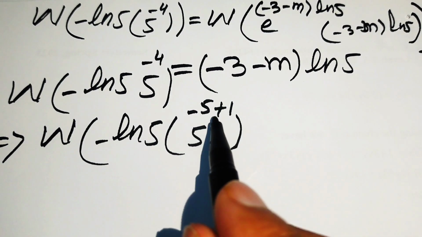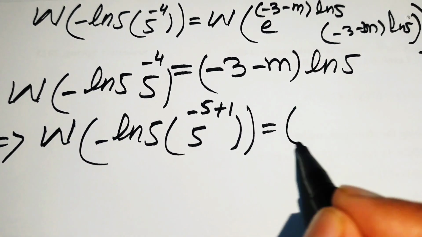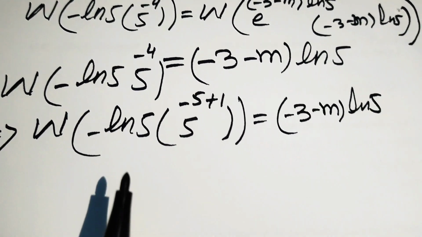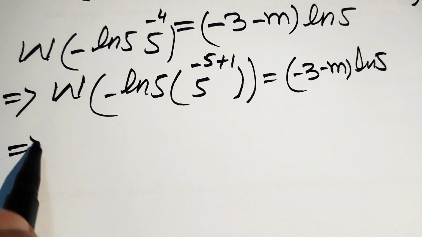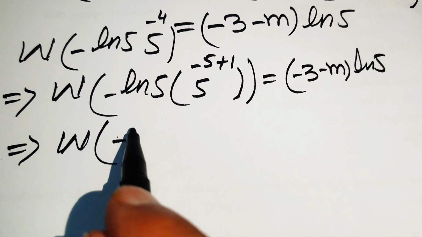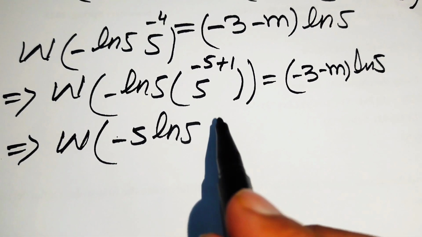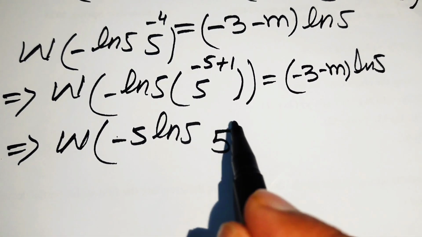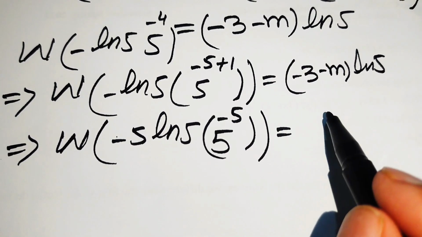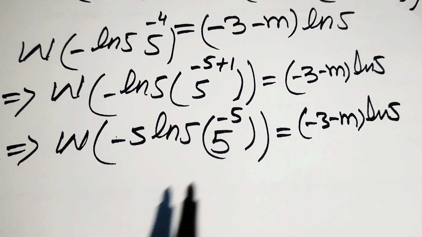We know that minus 5 plus 1 gives 5 to the power of minus 4, and on the right-hand side we have minus 3 minus m into log 5. Here we separate the exponent of this term, and it is written as minus 5 times log 5, and here you have 5 to the power of minus 5, and the whole is equal to minus 3 minus m into log 5.